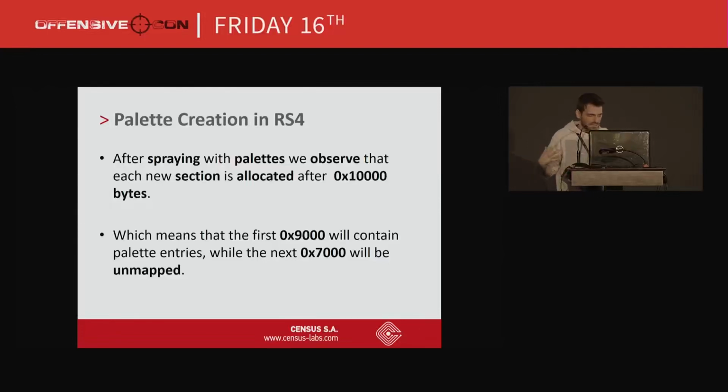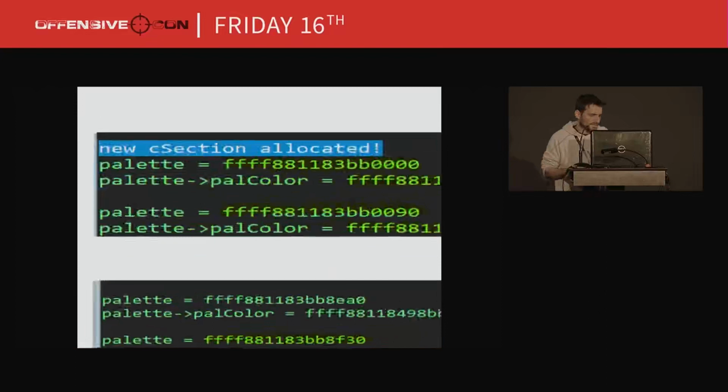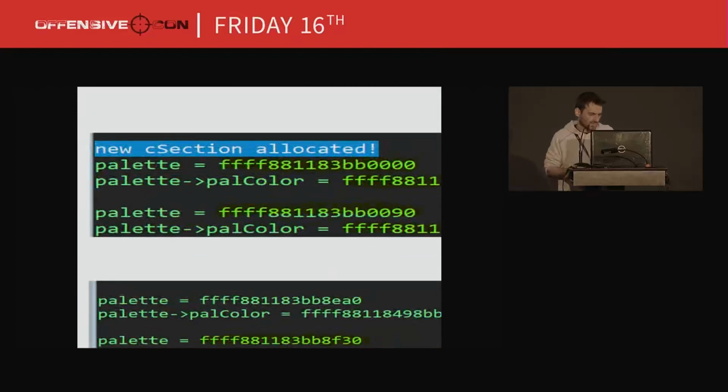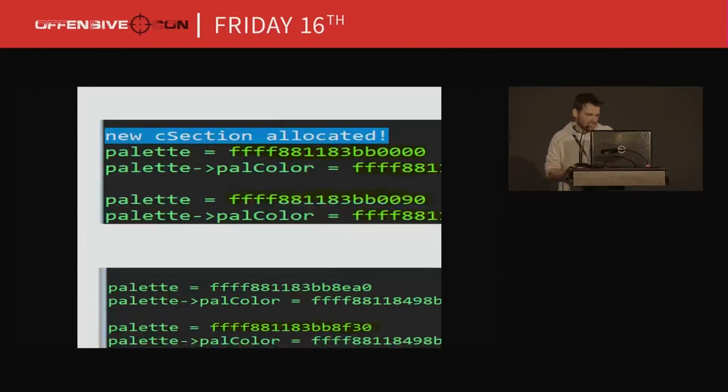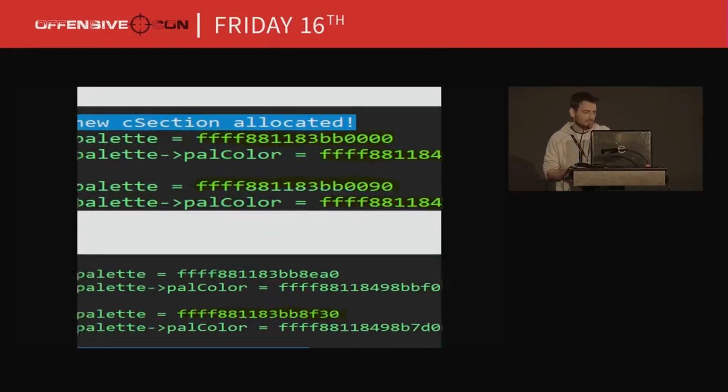So after spraying with palettes in RS4, we observe that each new section is allocated at every 0x10000 bytes, which means that the first 0x9000 will contain actual palette entries, while the next 0x7000 will be unmapped and will remain unmapped. So here is an example. As we can see, a new CSection was created here, and the first palette entry in that section is allocated at BB4 zeros, right?